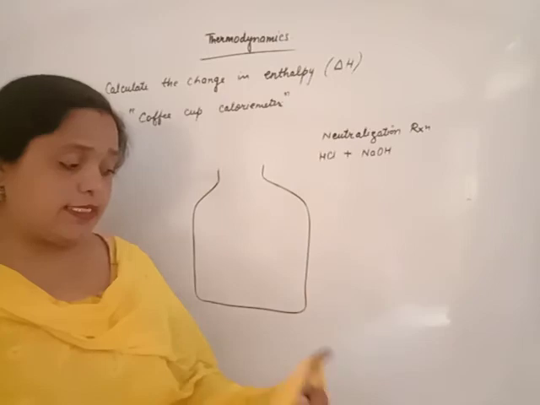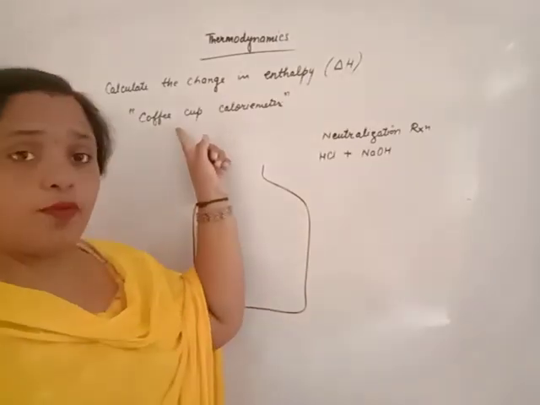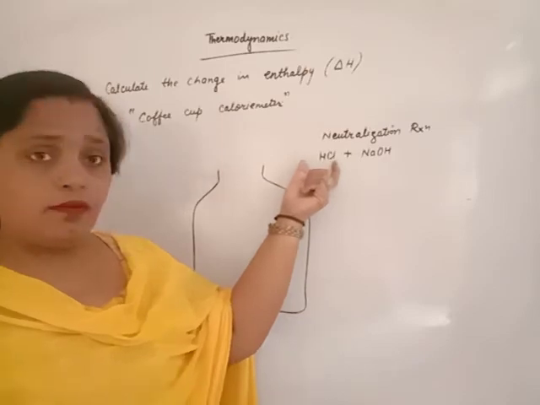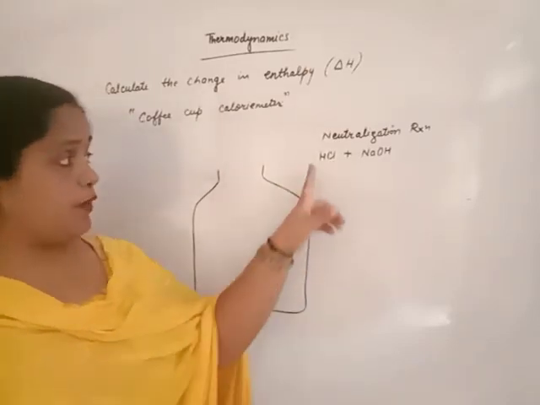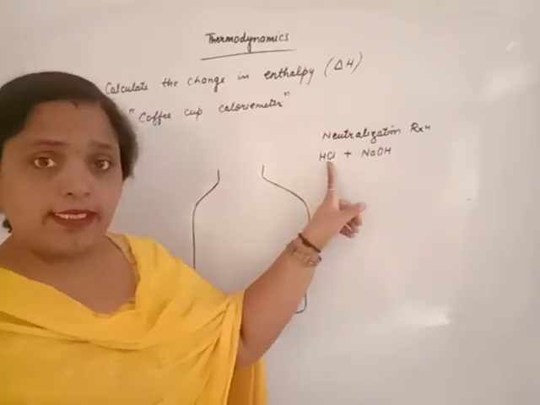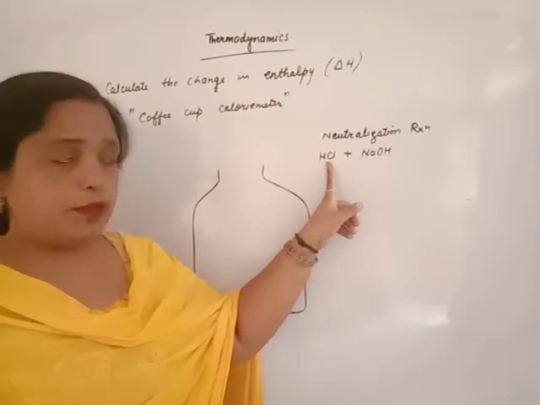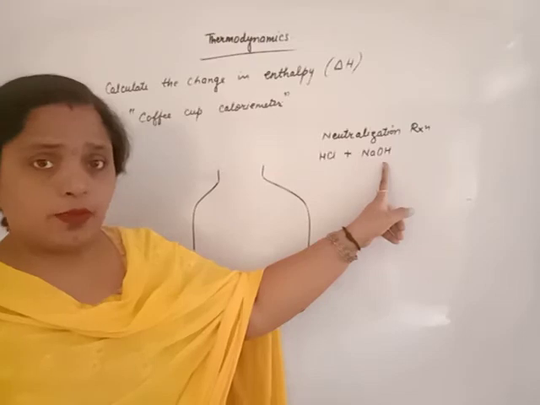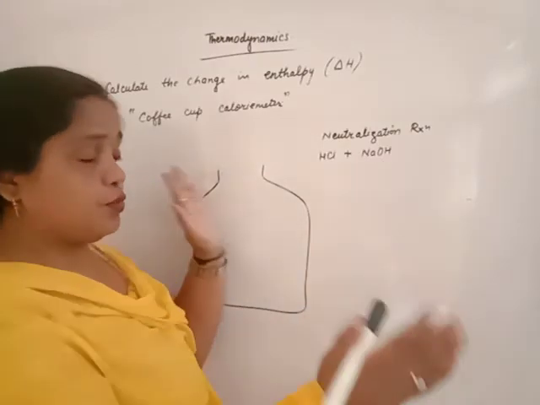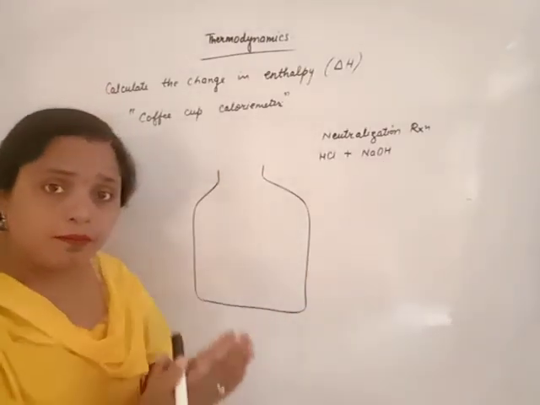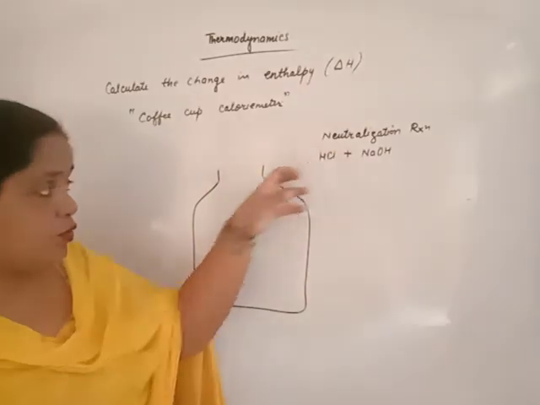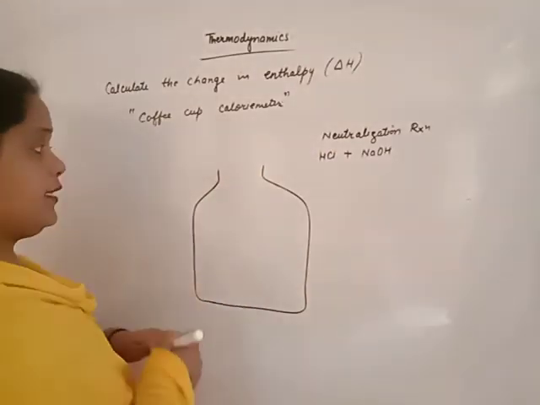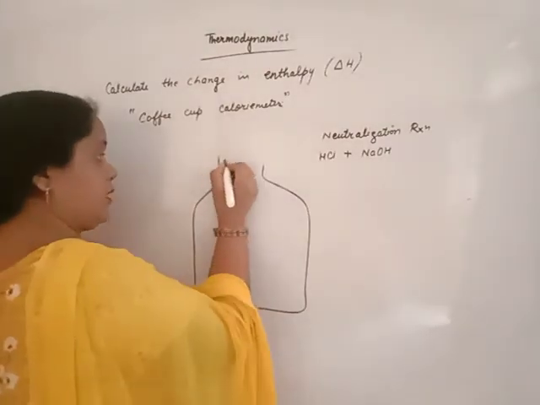This enthalpy change can be calculated by using coffee cup calorimeter. In one beaker we will fill hydrochloric acid, suppose one normal. In another beaker, one normal sodium hydroxide. These two solutions are put together in polythene bottle, and this polythene bottle is covered by a cork.